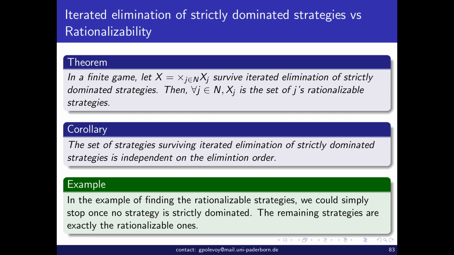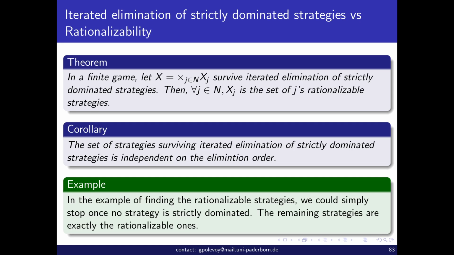Now, that means that in the example we saw before of finding rationalizable strategies, which are the 4 strategies, we could stop once no strategy was strictly dominated. Let me go back and show you the example. What we did is that we stopped, and we could not delete anything because there were no strictly dominated strategies. And then we directly showed that the remaining strategies were all rationalizable.